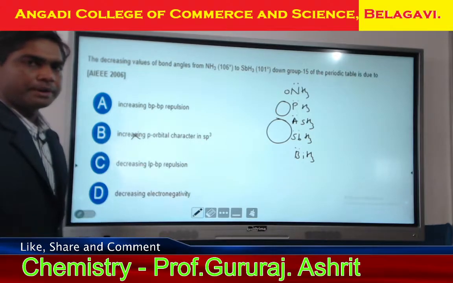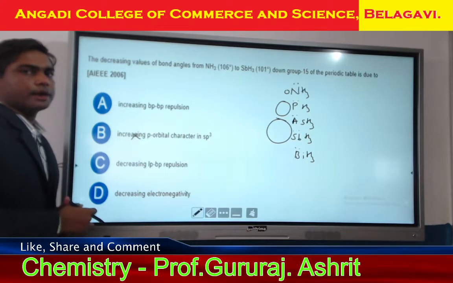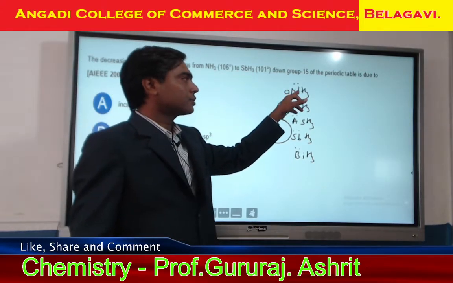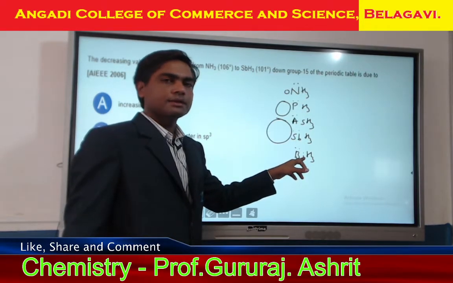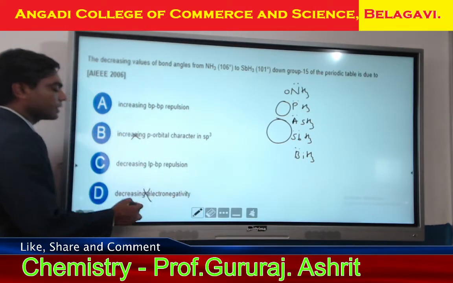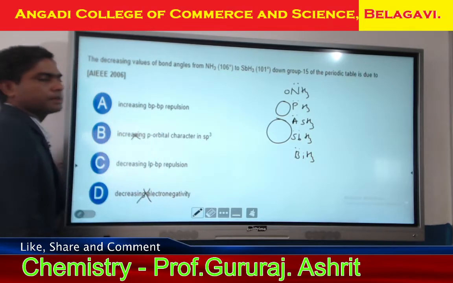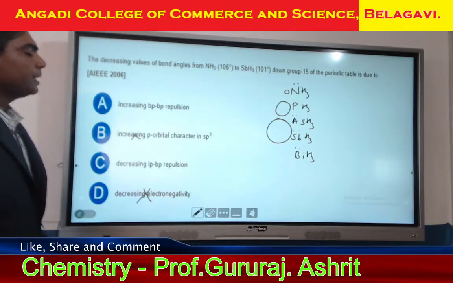Decreasing LP repulsion, whether lone pairs are decreasing, or electronegativity. Nitrogen is more electronegative, Bi is less electronegative, but electronegativity cannot decide the bond angle. Here the only option left is BP or LP repulsion.